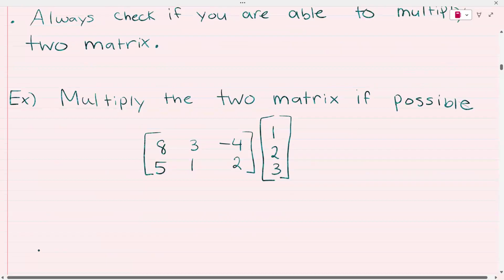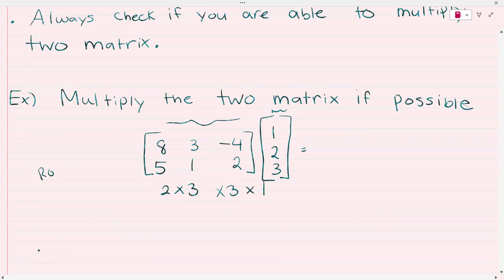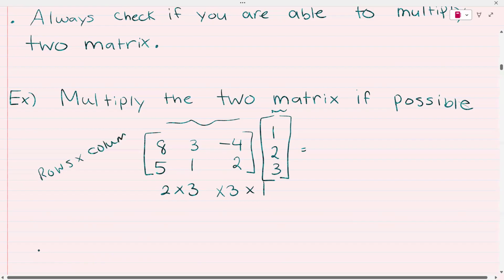So let's do a quick example. Multiply the two matrices if possible. Can we multiply these two matrices? First I'm going to determine their sizes. This matrix here is a 2 by 3. And this matrix here is 3 by 1, because remember, we always go by rows by columns.